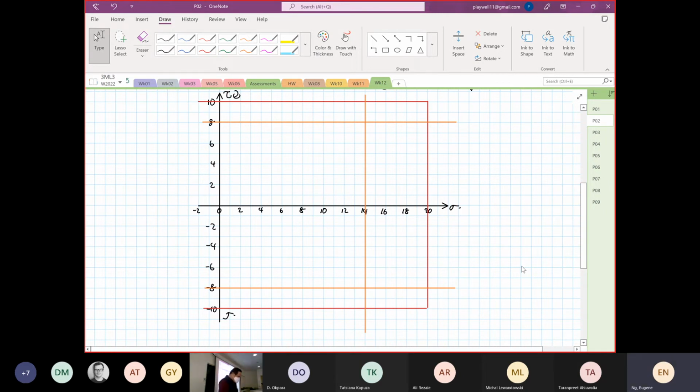So we know that this is our point X. So the first point I'm going to choose, I'm going to make sure that one of the points is at 20.